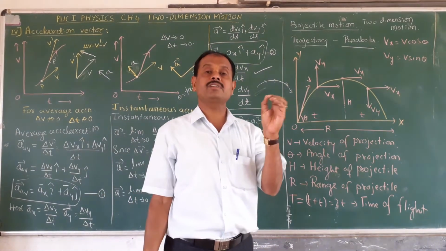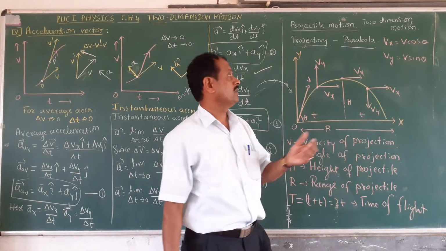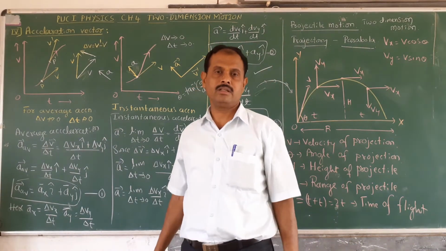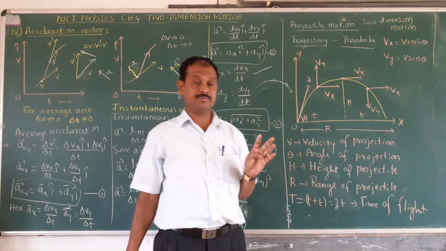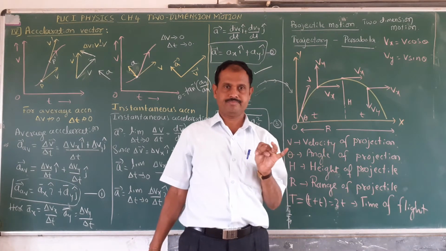What is the shape of the trajectory of projectile motion? Very important point: it is a parabola. In conic sections, there are different types: ellipse, hyperbola, and parabola.